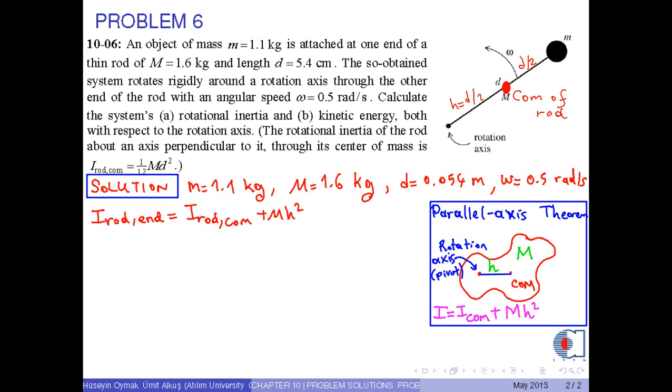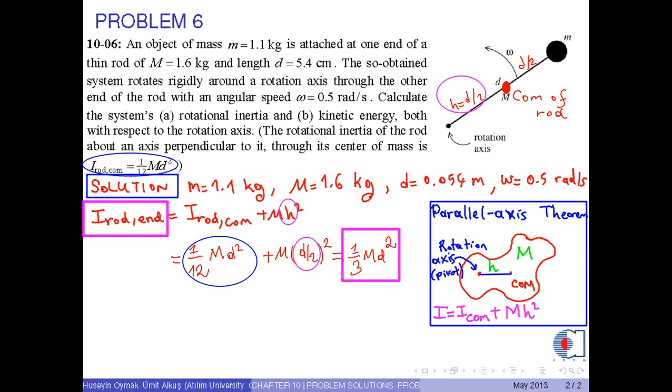If we put the given values into this equation, we obtain 1 over 12 times capital M times d squared plus capital M times d over 2 squared. As a result, we obtain the rotational inertia of the rod with respect to the rotation axis as 1 over 3 times capital M times d squared.